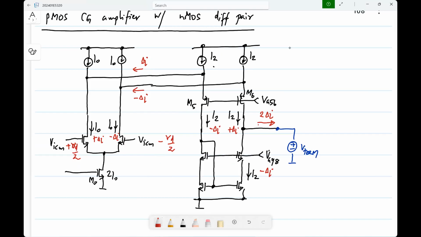That's all. And this is called a folded cascode op amp, because current sort of folds its way around the op amp.